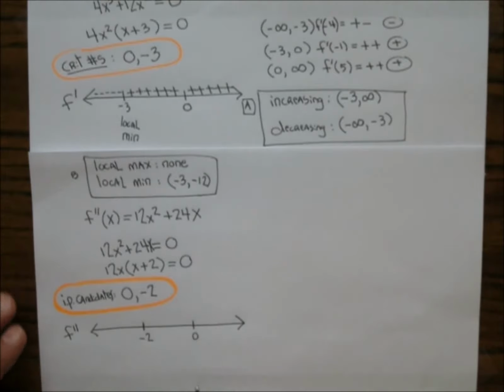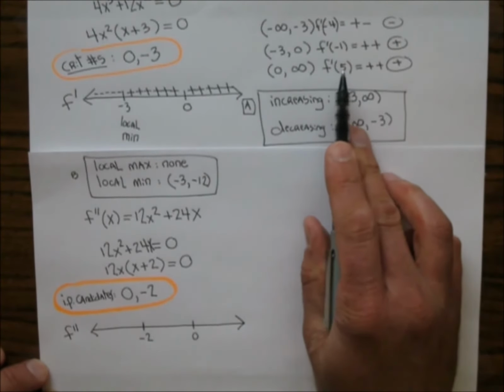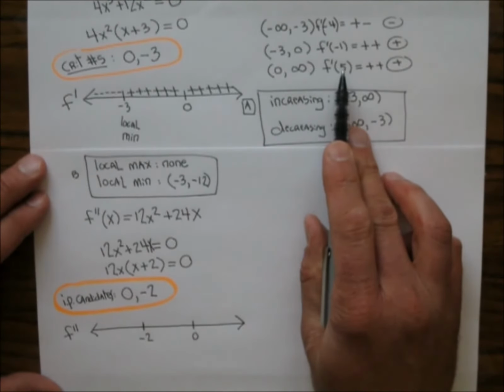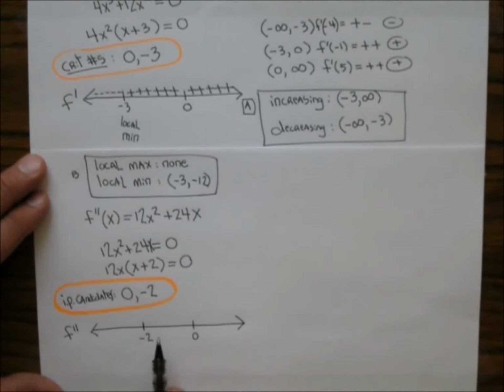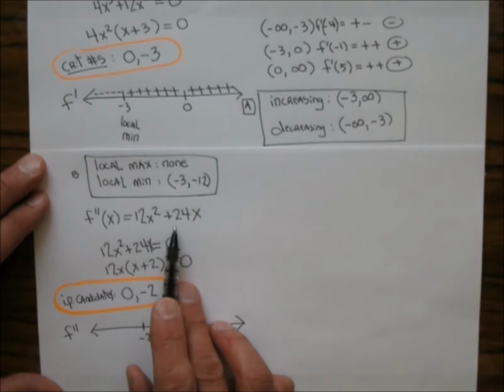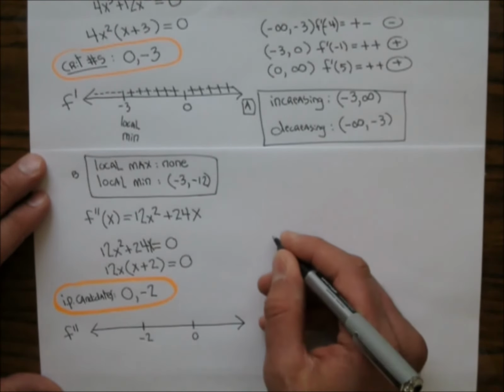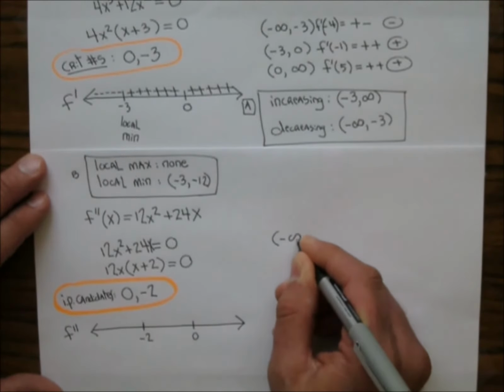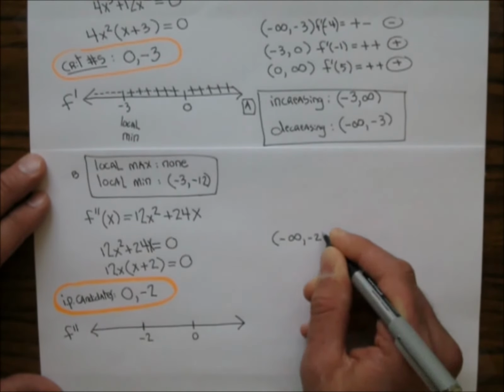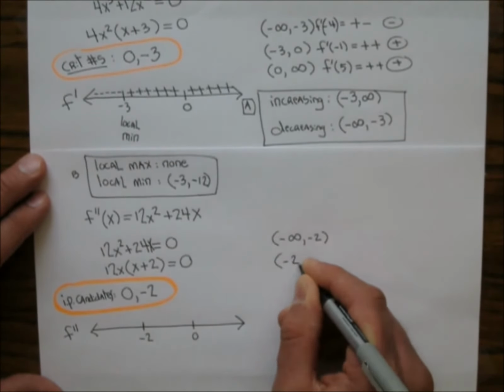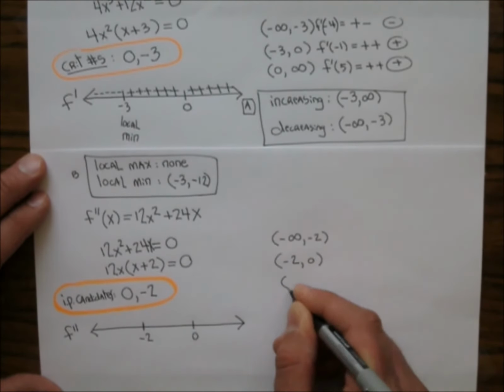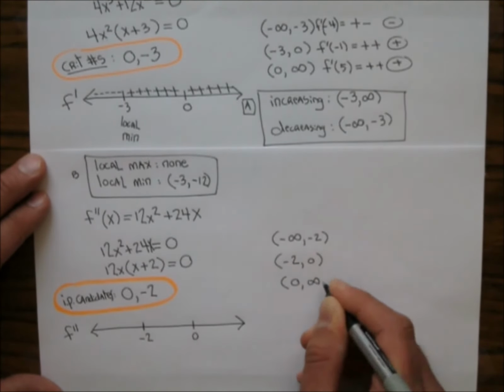I do the same thing that I did over here when I found the pluses and minuses, except now I'm putting things into the second derivative. I have 3 intervals to check. My intervals are -infinity to -2, -2 to 0, and 0 to infinity.